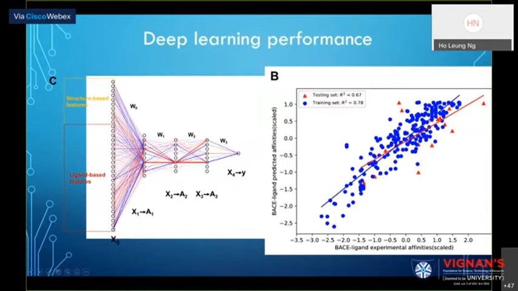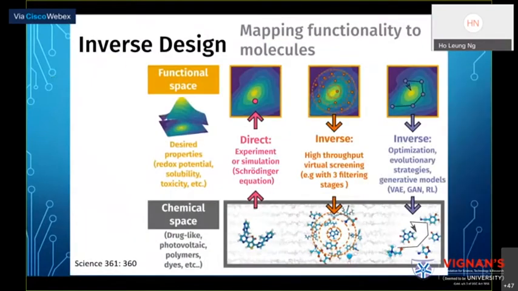These would include simple parameters such as ligand molecular weight and hydrophobicity. We were able to calculate experimental binding affinities quite accurately with an R correlation coefficient of 0.67 for BACE, which is an important drug target for Alzheimer's disease. So what we want to do is apply these kinds of methods to the current challenge of COVID-19 drug discovery.